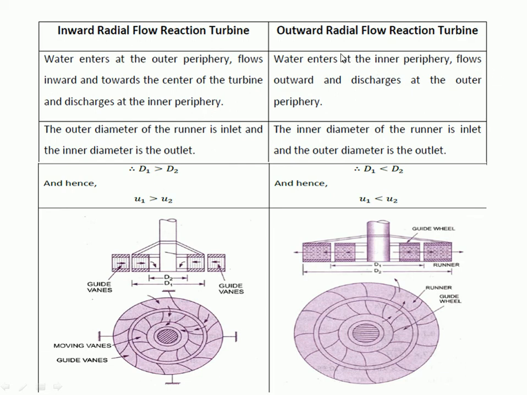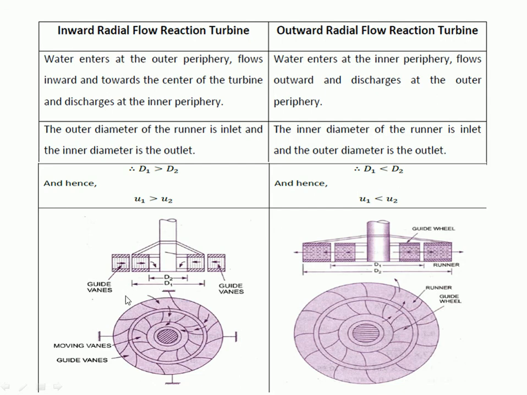And for the outward radial flow reaction turbine, water enters at the inner periphery, flows outward and discharges at the outer periphery. Second point, in case of inward flow, the outer diameter of the runner is the inlet and the inner diameter of the runner is the outlet.